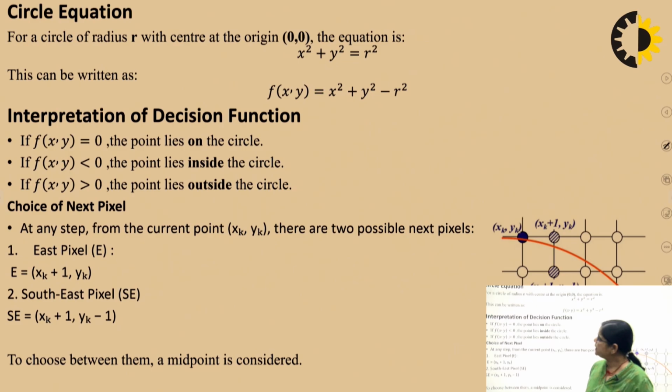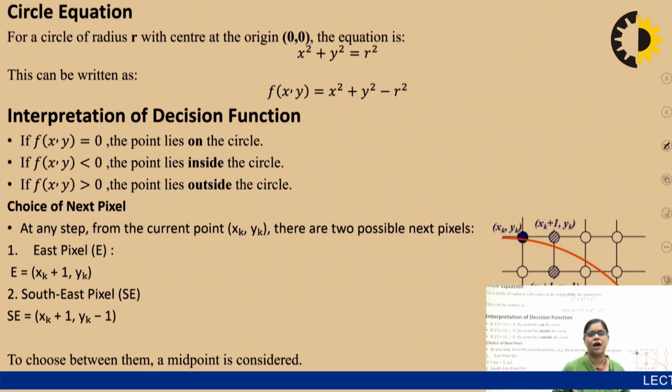Now, here is the circle equation. The circle equation is basic, and I'm assuming that you all know it, because you already studied it in maths in the 11th and 12th standard, in coordinate geometry, where you study the circle, ellipse, and parabola.